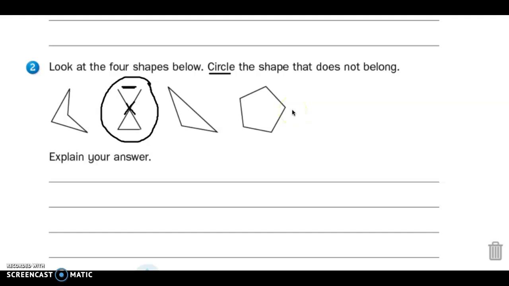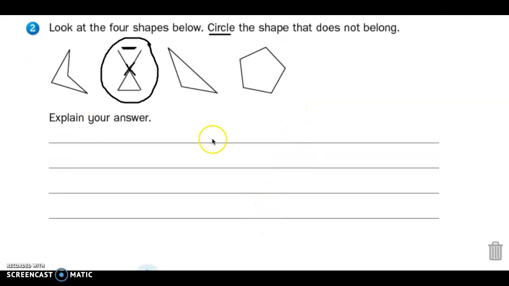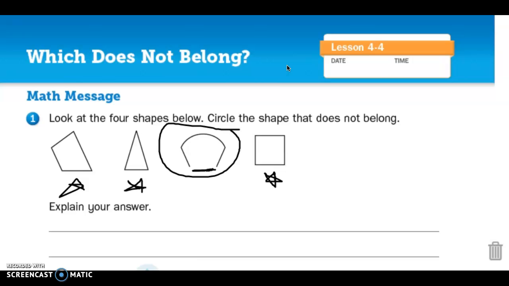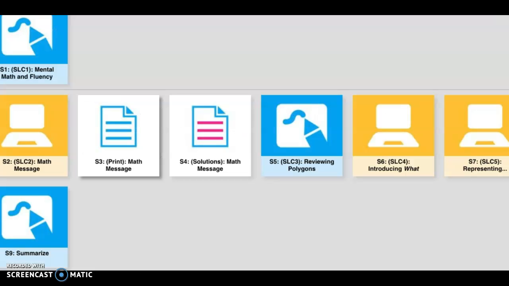These are all polygons. Go ahead and explain why this shape does not belong, right? We said it crosses, there's an opening on the other side, however you would like to write it. But our attributes, our characteristics of these are their polygons because they have 3 or more sides and they're all closed. Amazing.